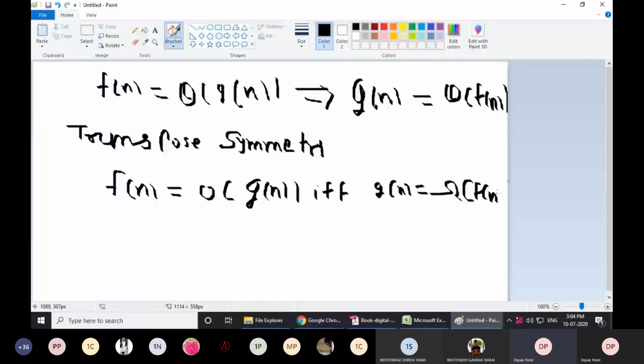Same thing is for omega. Fn is omega of Gn if and only if Gn is big O of Fn. If we write if and only if, then its reverse is also true, right? So these are all the properties of big O, omega and theta notations.